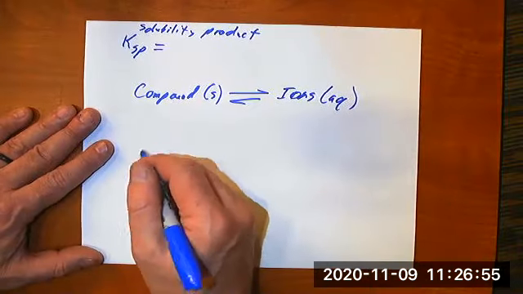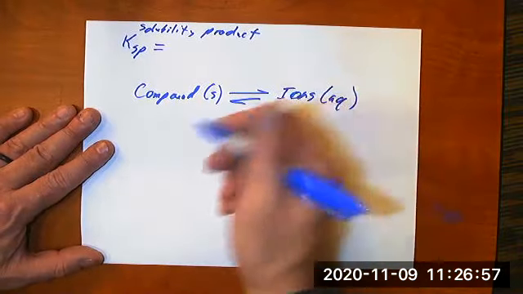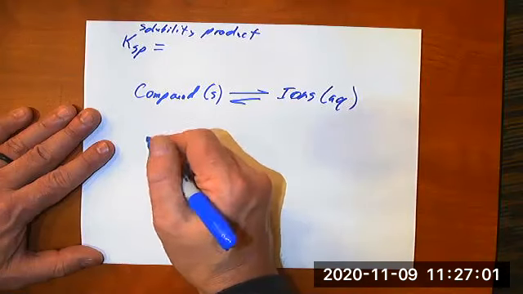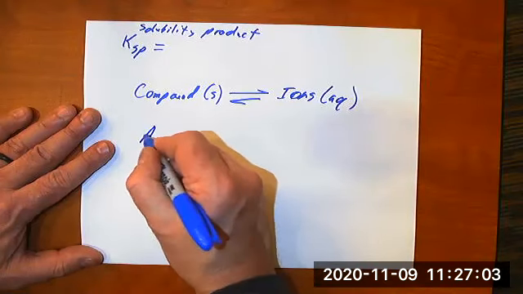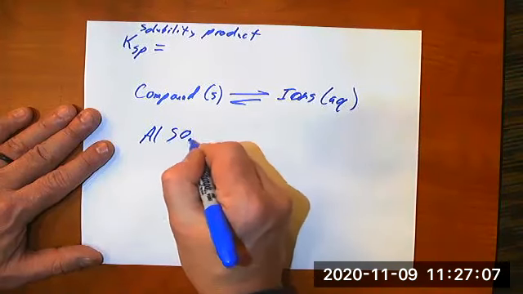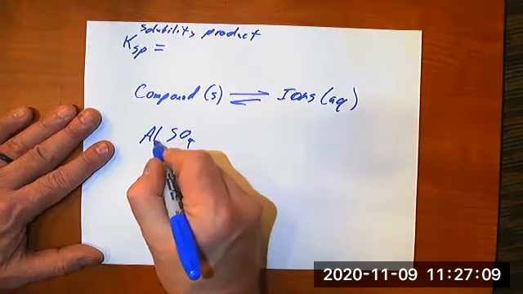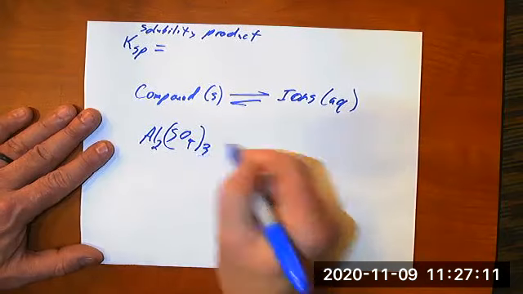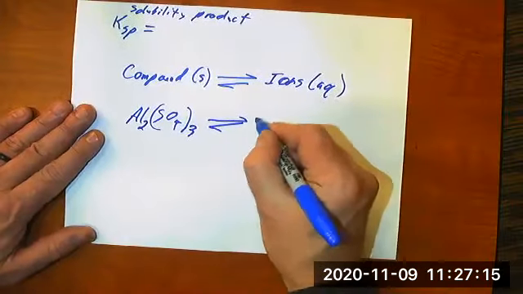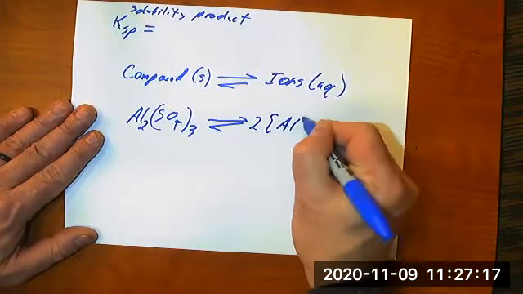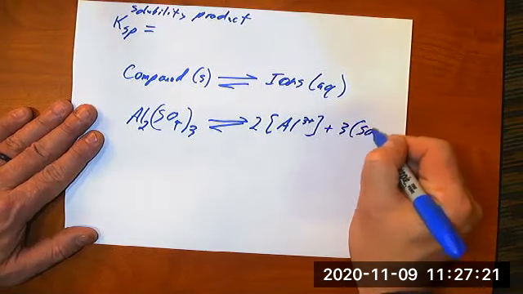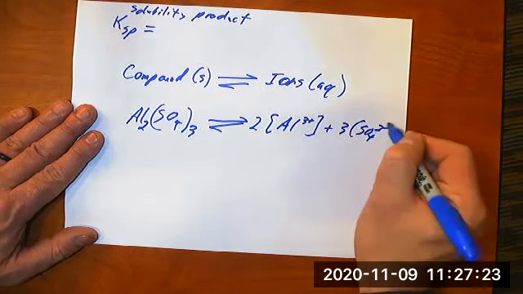So the entire solubility product is just the product of the concentrations of the ions. So if you take any particular ionic compound you can think of, let's say aluminum sulfate, Al2(SO4)3 in equilibrium with 2 Al3+ and 3 SO4 2-.